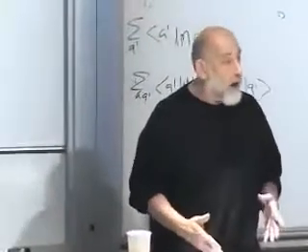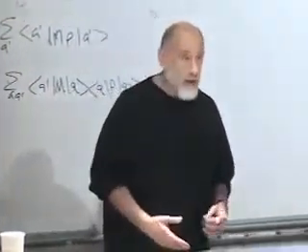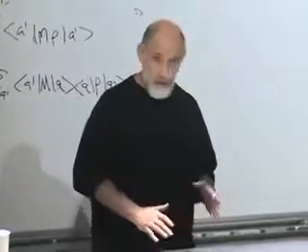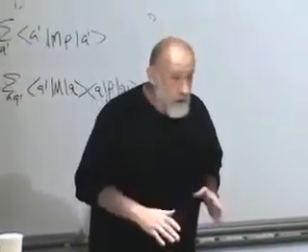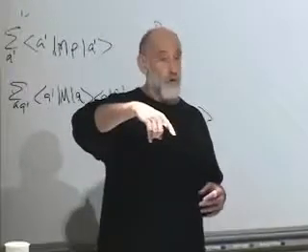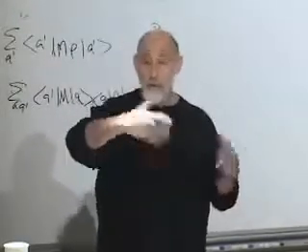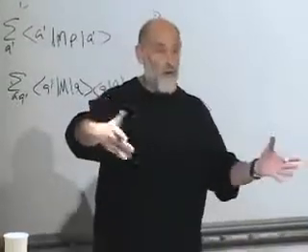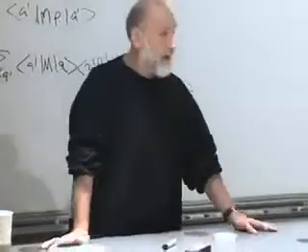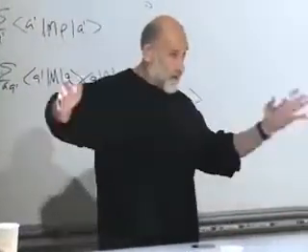Now, there's no analog of this for a classical system. What would correspond to a pure state for a classical system would be a probability distribution which has only one point that is non-zero. In other words, a definite piece of information about which state you're in. That's the analog of the pure state, in other words, complete knowledge.